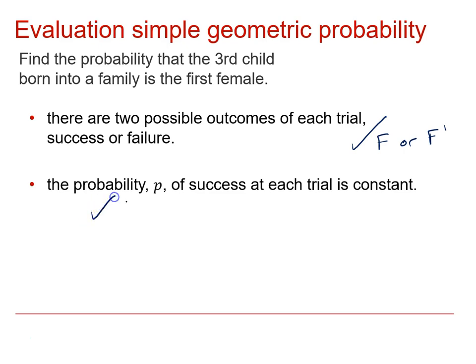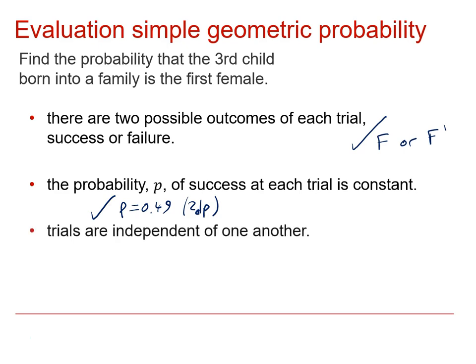Yes, it's not quite 0.5, in fact it's roughly 0.49 to 2 decimal places. And it is debatable whether that is constant with each person, but it's a fair assumption for now, it's certainly close. Are they independent? Again, not quite, but they're close. It is a fine assumption for a model.